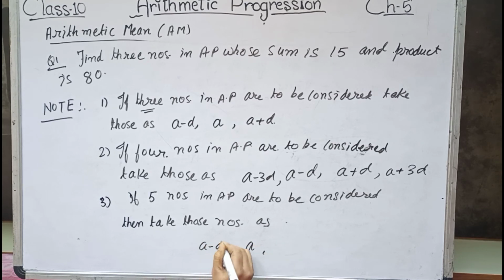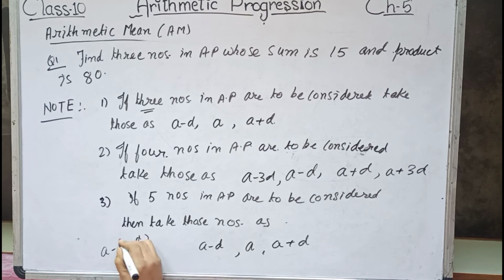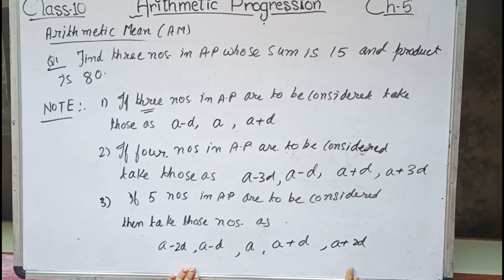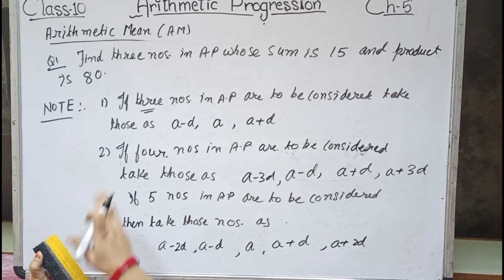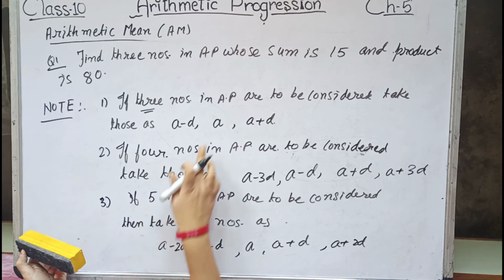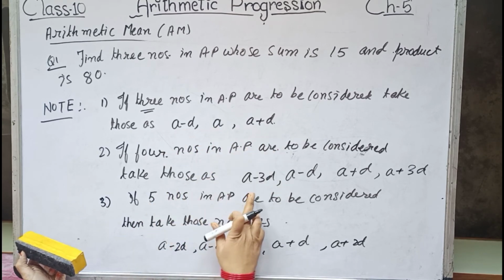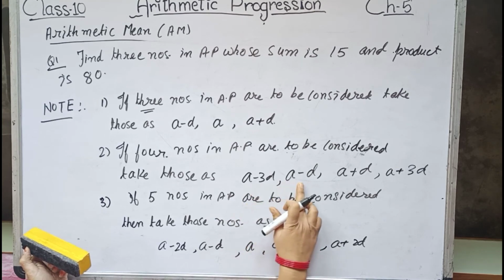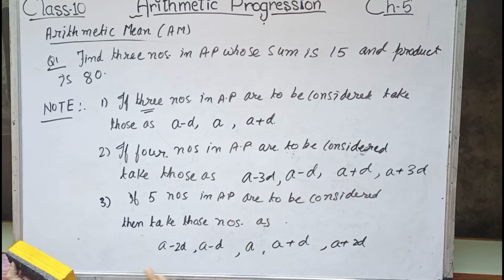So left of a is a minus d, right of a is a plus d. Take care, the common difference over here is a minus (a minus d), so obviously it is d. So minus d over here will give a minus 2d and over here is a plus 2d. So the 5 numbers in AP we can consider as such. So you just remember that if 3 numbers in AP, then a minus d, a, a plus d. 4 numbers in AP, then a minus 3d, a minus d, a plus d and a plus 3d. 5 numbers in AP, then a minus 2d, a minus d, a, a plus d, a plus 2d.